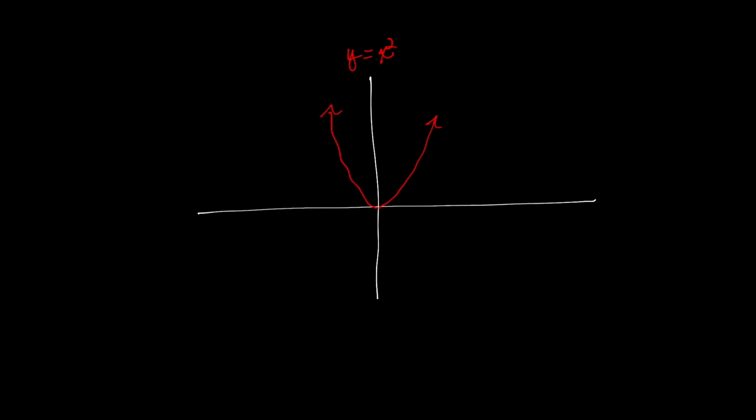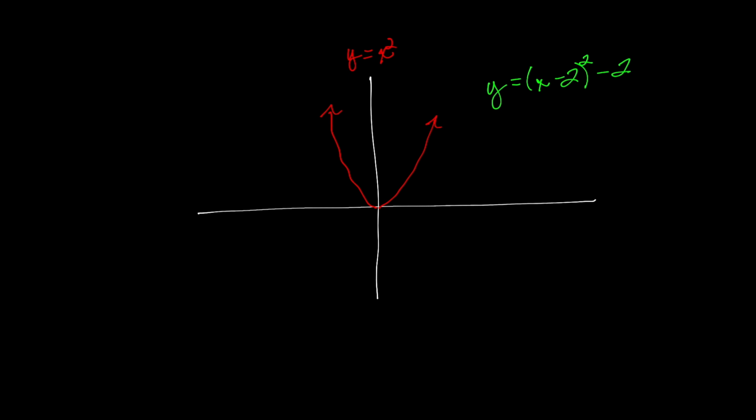Not the most perfect sketch in the world, but we get the idea. Now I'm going to show you one that says, all right, what if we did this to this function? Let's combine x minus 2 in parentheses, quantity squared, minus 2.